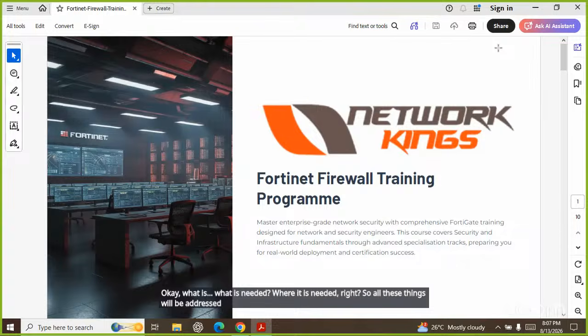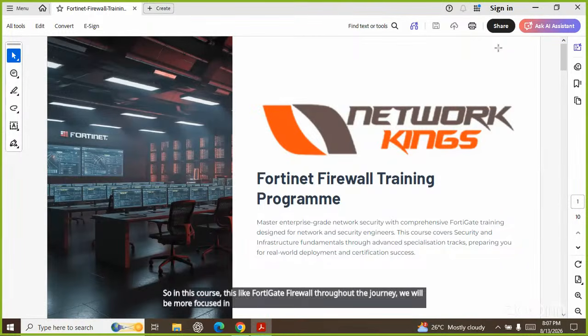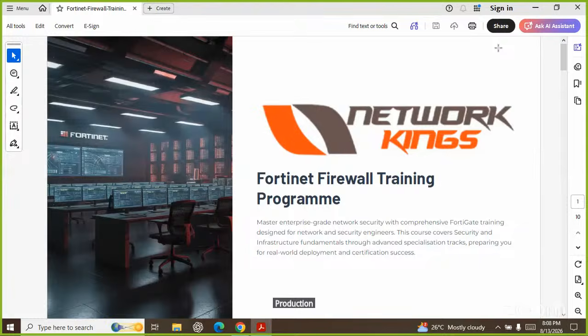So in this course, this FortiGate firewall throughout the journey, we will be more focused in terms of learning what really matters in production. Okay, because when you do the labs in a controlled setup, that's a clean setup, right?